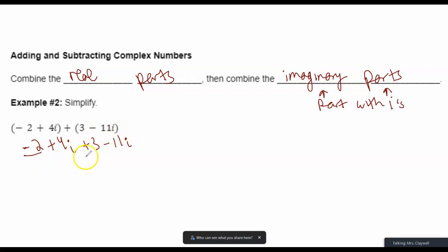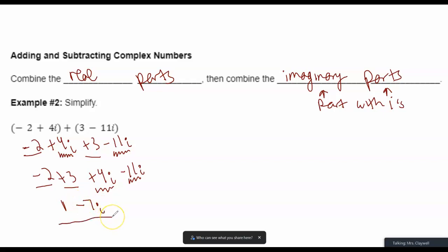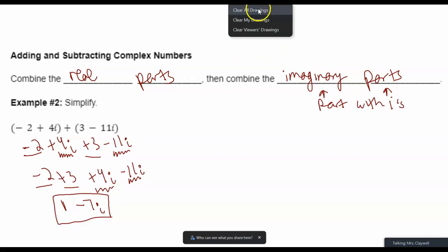If it's helpful, write your real numbers by each other and your imaginary numbers by each other. This is the idea of combining like terms. So -2 plus 3 is 1. 4 minus 11 is -7. So I combined my like terms, which meant my i's could be added or subtracted, and my constants, normal real numbers, can be added and subtracted.